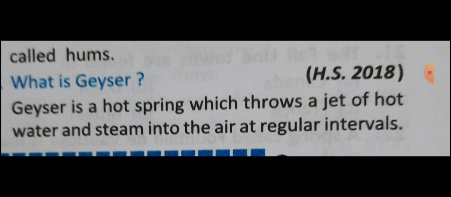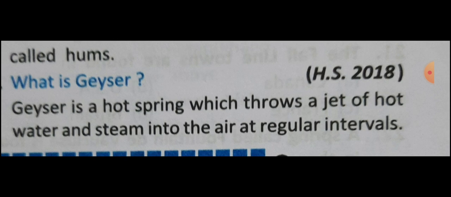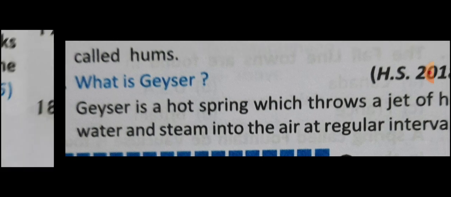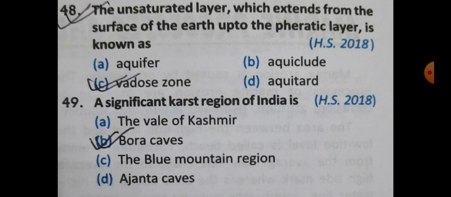And the next is from HS 2018. What is a geyser? A geyser is a hot spring which throws a jet of hot water and steam into the air at regular intervals. During the formation of sedimentary rocks, sometimes water remains confined in the rocks; such water is known as connate water.